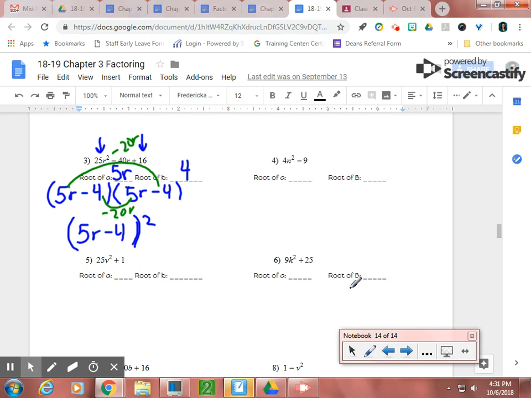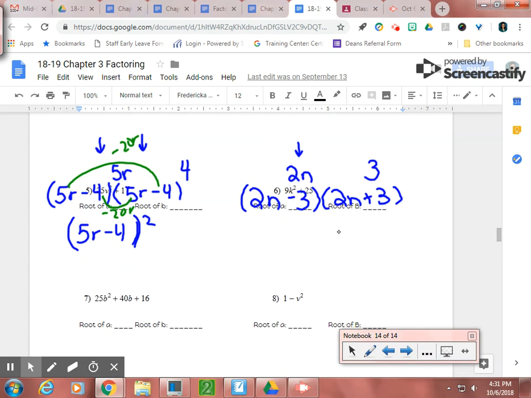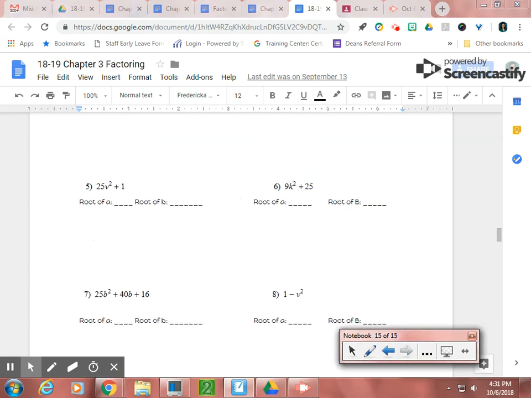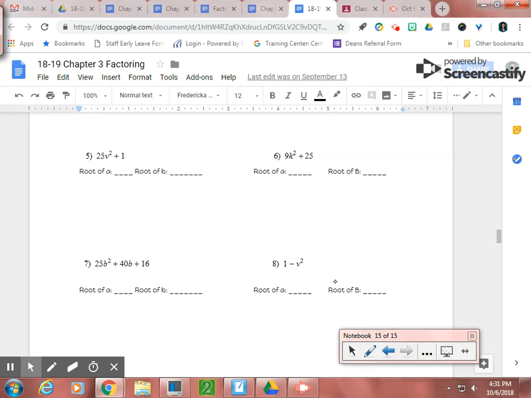Okay, perfect square roots, 2n and 3. This one is a difference. There's only two parts to it, which is another way that you can know that you're using your difference formula. So 2n minus 3 and 2n plus 3. Your next one, again, you have two parts to this, 1 and 2.